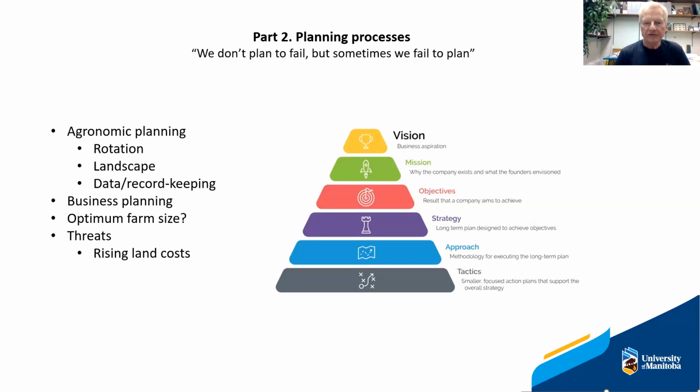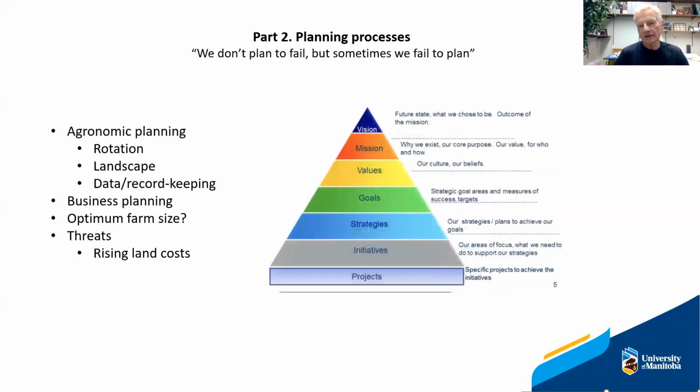The tactics, the things that we do every day, like I'm going to intercrop my peas with oats instead of mustard, well, that's not where we should start our planning. We should start with, what is our long-term vision for the farm? What is our mission?